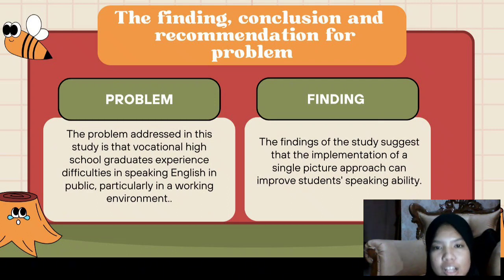In the first cycle, all students had difficulty describing things orally, but in the second cycle, 83% of the students were categorized as excellent or good in their speaking ability. The study also found that the single picture approach can assist student creativity in describing things orally.